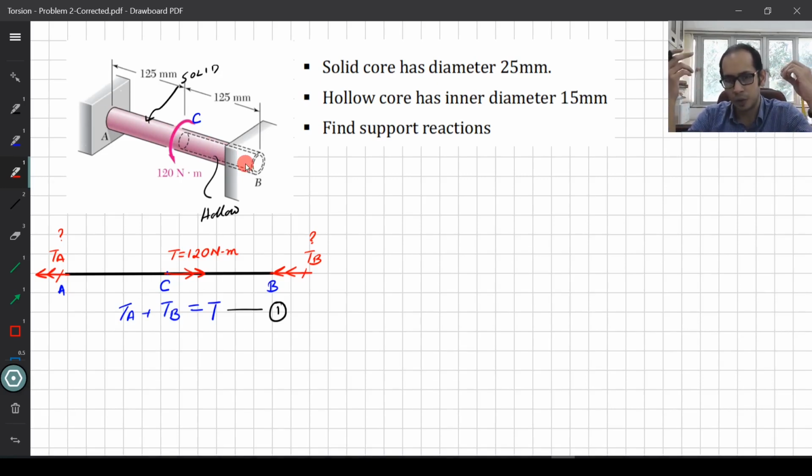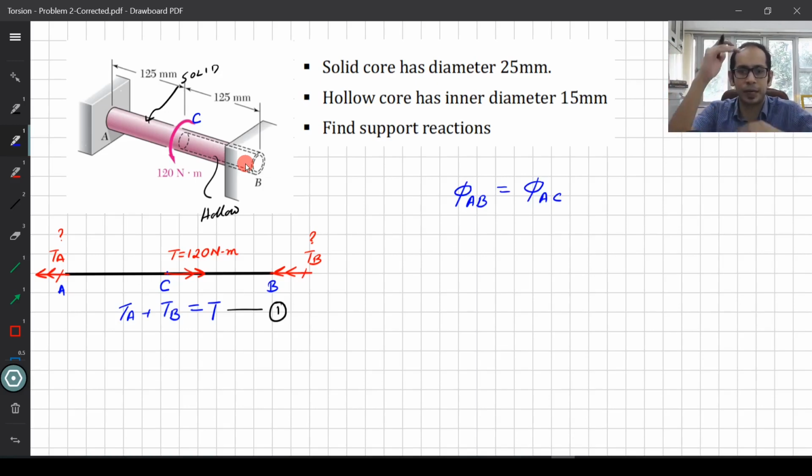Now how do we compute this? Phi from A to B is equal to phi AC plus phi CB. This is again drawing analogies with your axial loading, where the total delta equals delta 1 plus delta 2 and so on, and it depends what the final delta is.